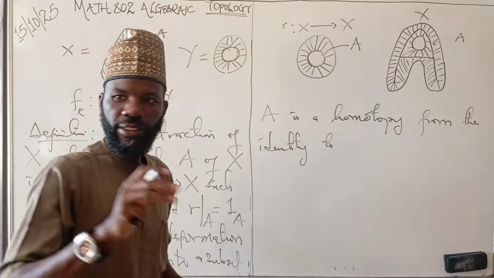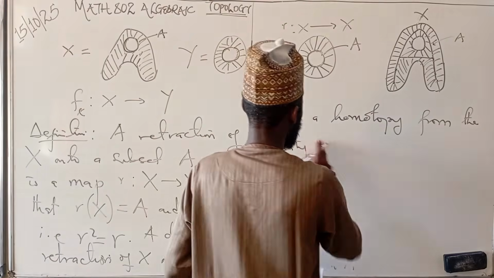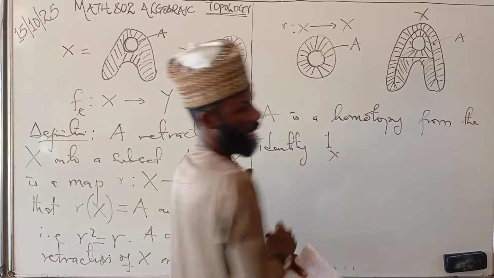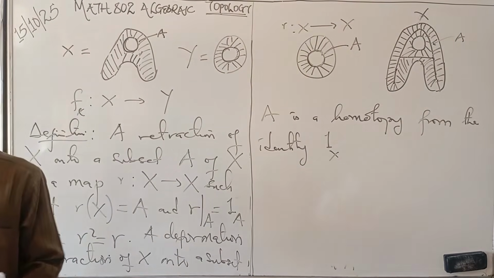from the identity. Which identity? This identity on X, on the entire space.